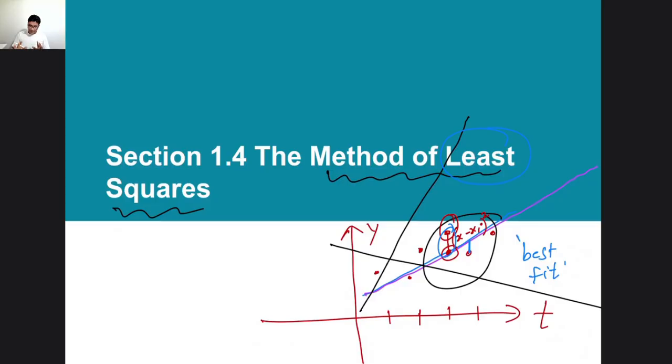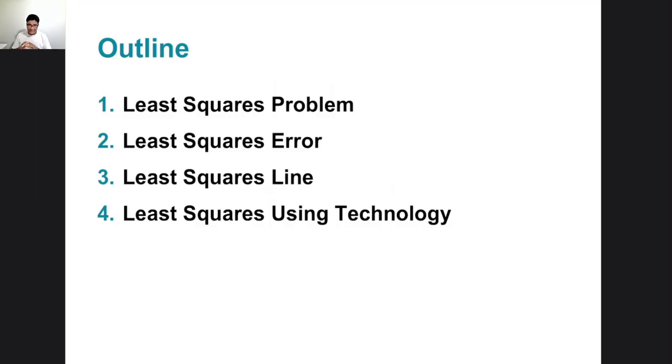Okay, let us now run through the contents of the slides. What's the outline here? What is the least square problem? We will go through that again. And what is the error? I spoke about that error, right? The difference between the actual value and the value predicted by your model.